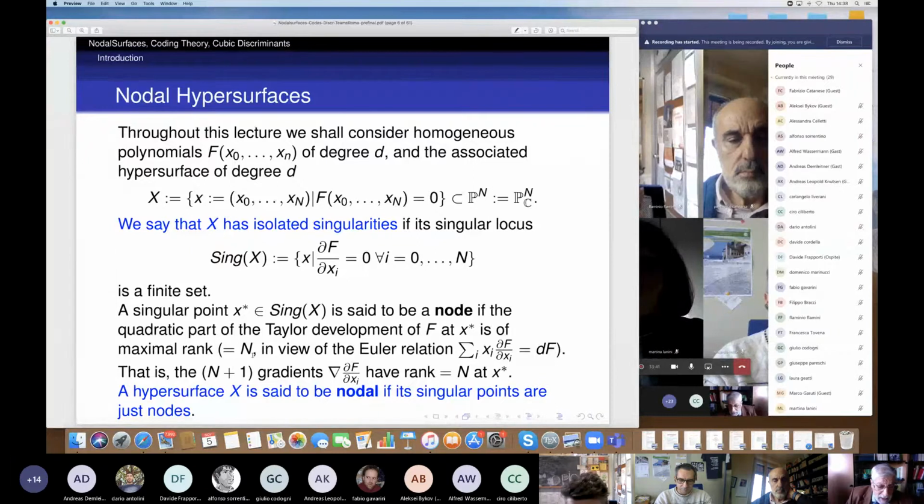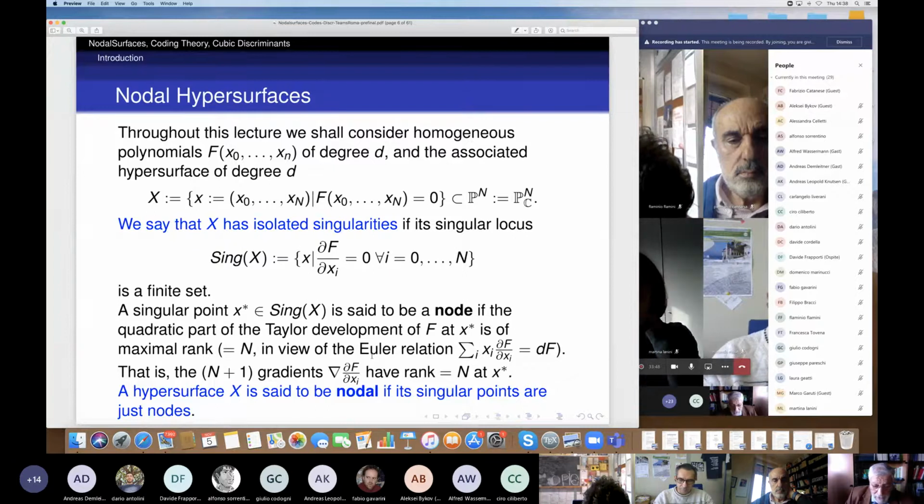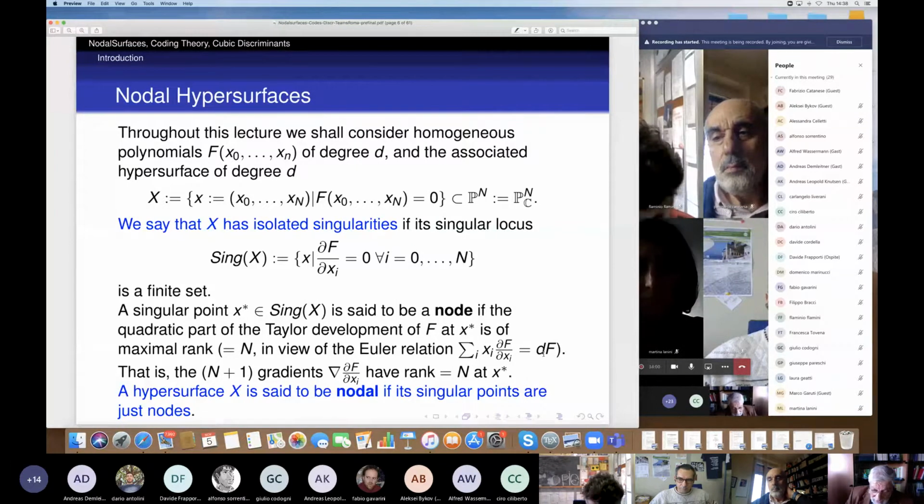So the maximal rank is n, even if you have n plus 1 variables, because of the relation for homogeneous functions given by Euler, that the sum of xi times the partial derivative is the degree of the polynomial times f.